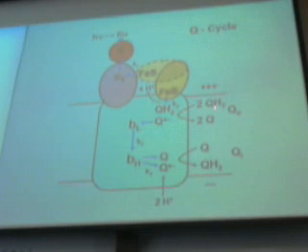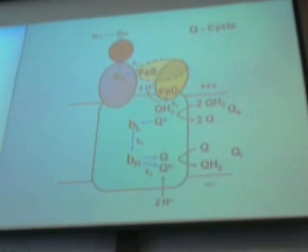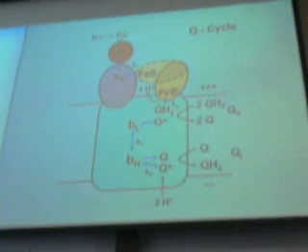The first QH2 comes in, and it sits there, as I've indicated, at the QO site. It delivers its electron to the iron-sulfur center, then to C1, and then to cytochrome C. It then becomes a half-reduced quinone that we call a semiquinone, Q dot minus.